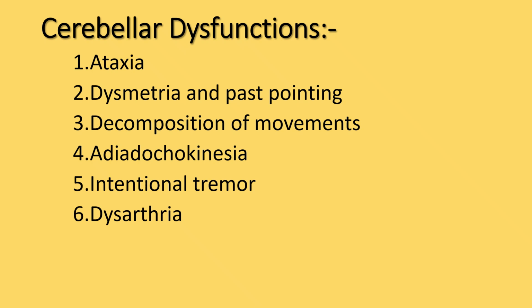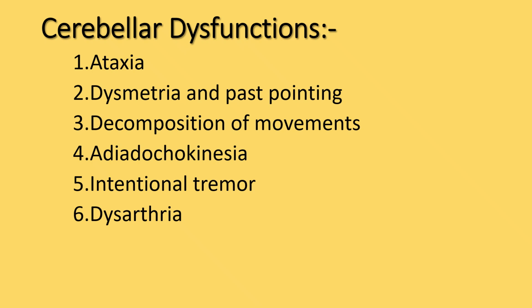Intentional tremor appears while performing a specific voluntary activity, due to the failure of the damping function. The damping function is the ability to prevent oscillation during voluntary movements.